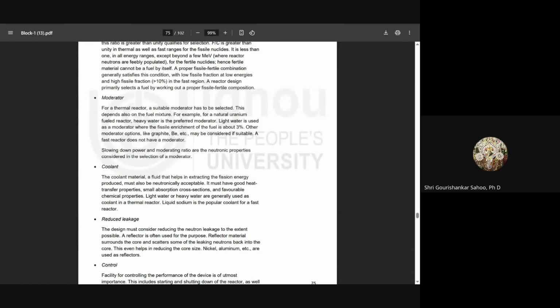So coolants are being used, and salt water is one of the coolants used in India. There are many other good coolants, like liquid sodium and liquid nitrogen. So these are also used as coolants, and salt water is also a very good coolant.